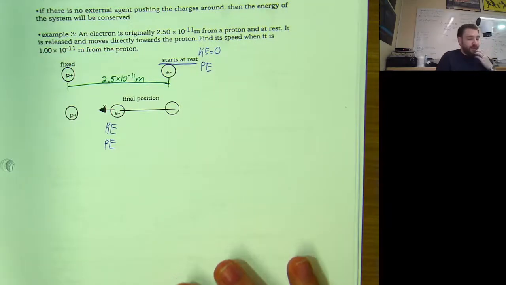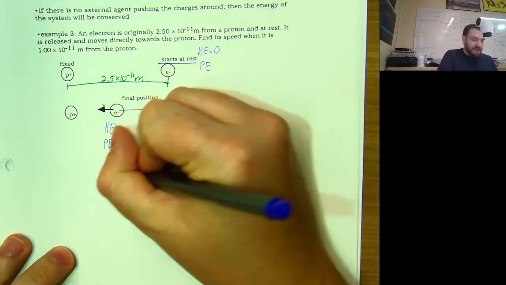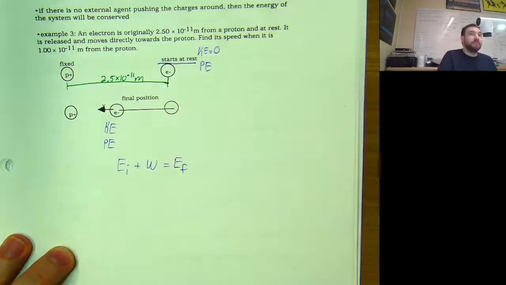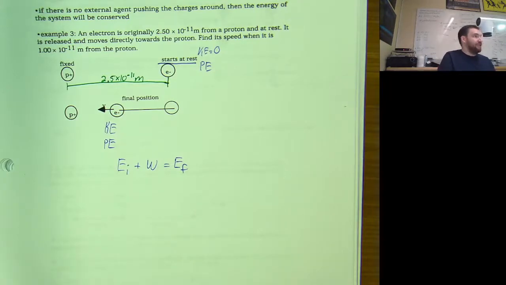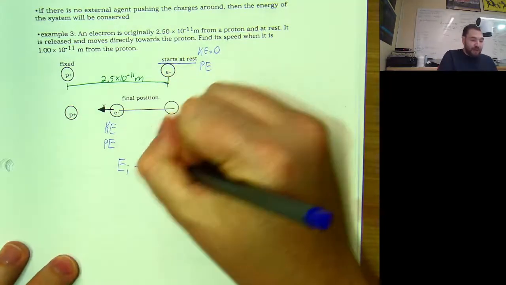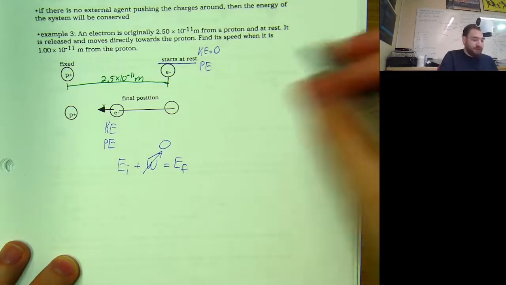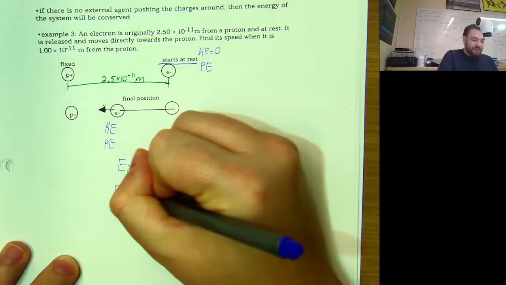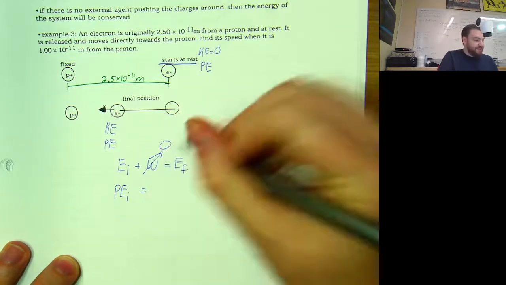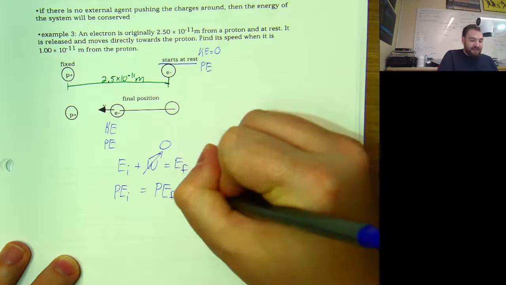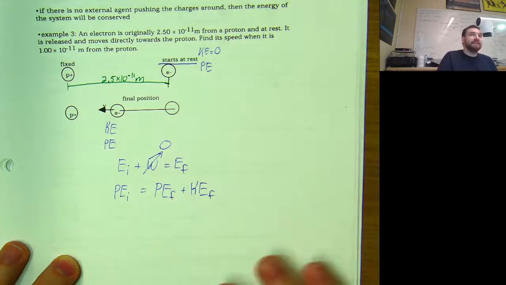Now when I set up my work-energy equation, energy initial plus work equals energy final, we're not doing any work. We're just letting things go and things are going to happen. So work is going to be 0 in this case. Initially, we've just got potential energy, and this is going to be equal to the potential energy final plus the kinetic energy final.